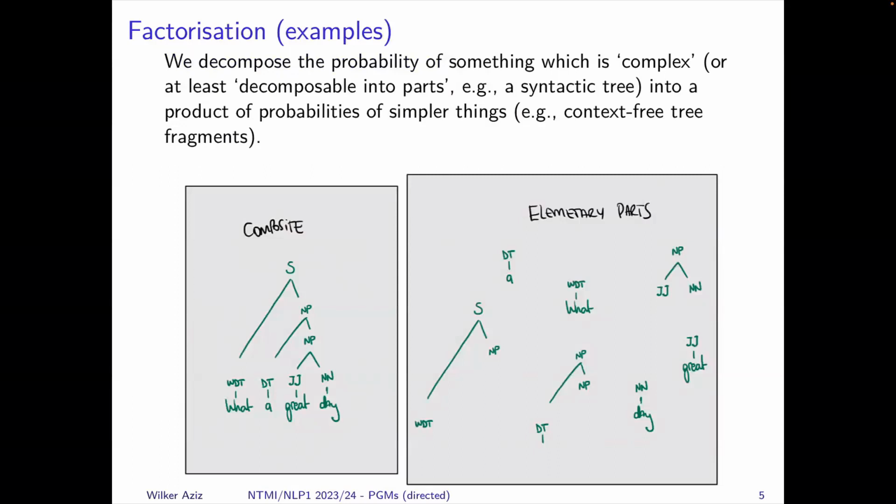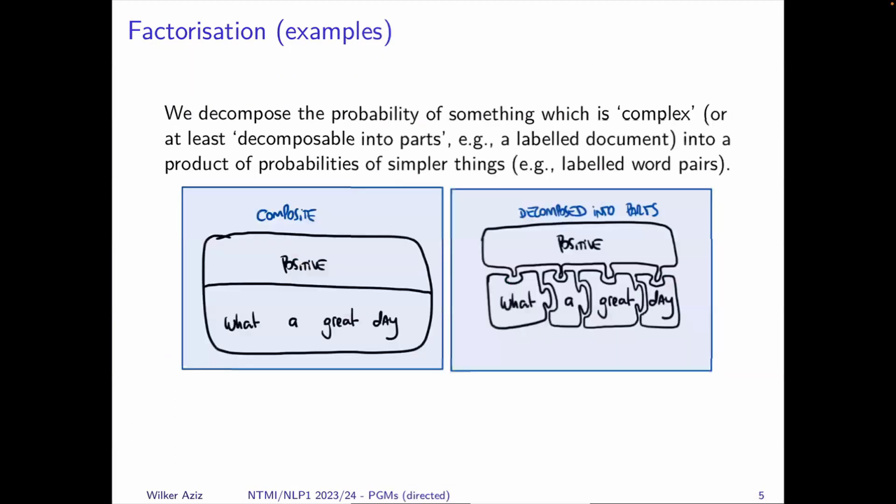So this is a bit different from factorization into primes, which is unique, right? 24 gives you a set of parts, and that set of parts can only make 24. Here, things might be a bit different. I have another example here where I have a labeled document, and I'm decomposing it into labeled word pairs. And to give you an idea of word pairs, I made it as if the parts would plug like a jigsaw puzzle.